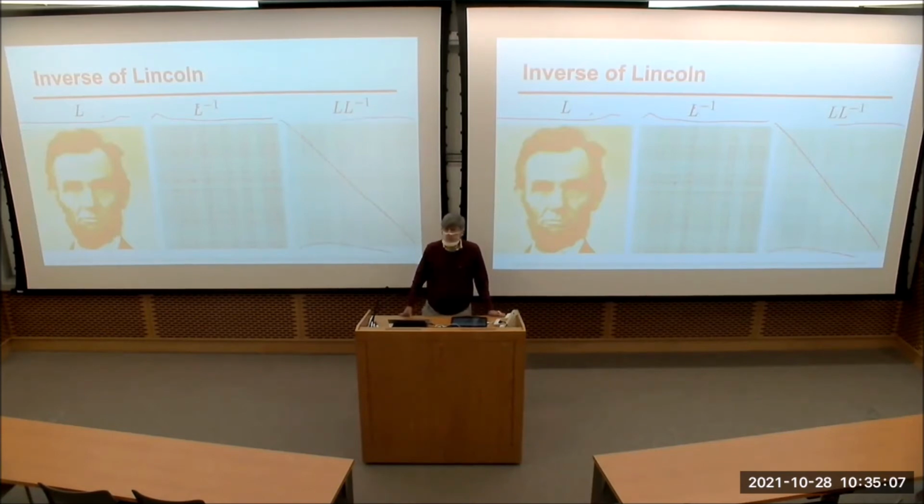What is that weird pattern? Okay, if we multiply Lincoln by his inverse, we get a strong main diagonal, like we would like to get. What is the other stuff?